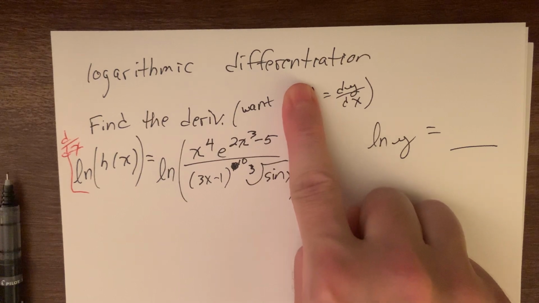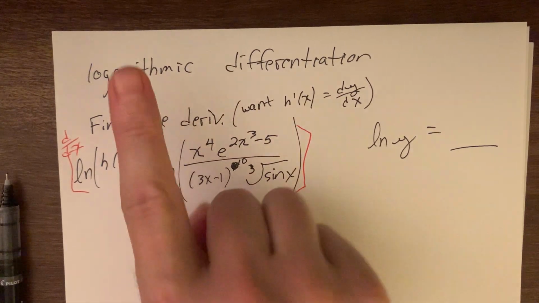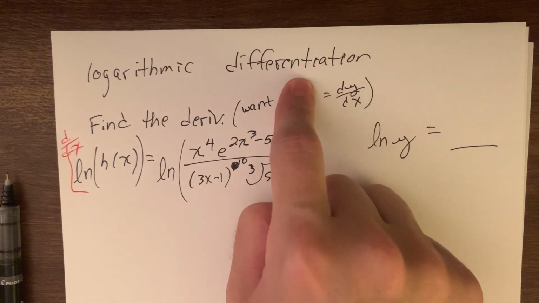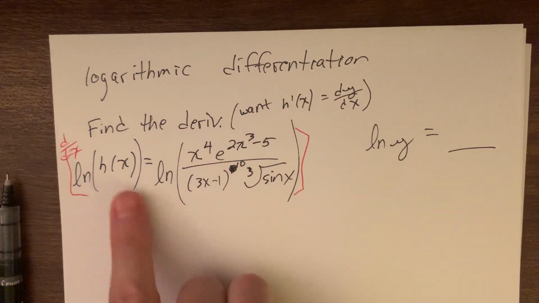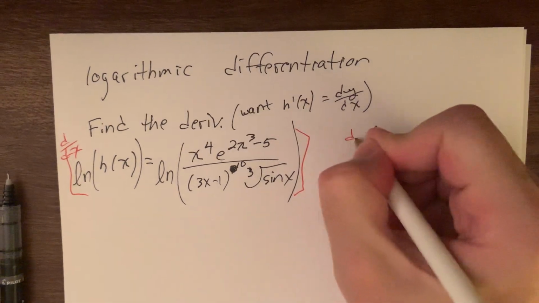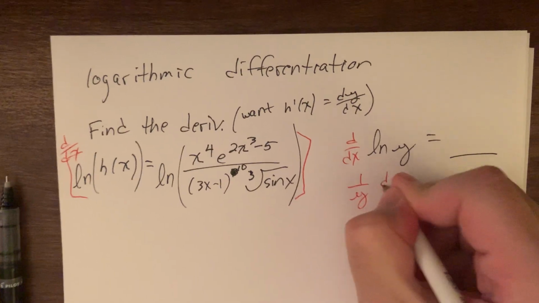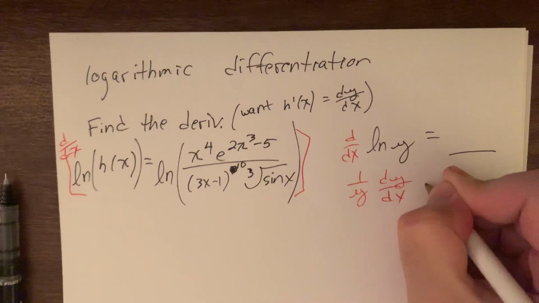It's called logarithmic differentiation because you're bringing a log that wasn't there in before you take the derivative. And on this side, this will always happen. You take this derivative, you will get 1 over y times dy dx.